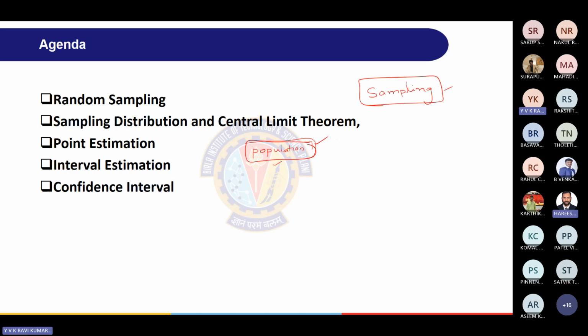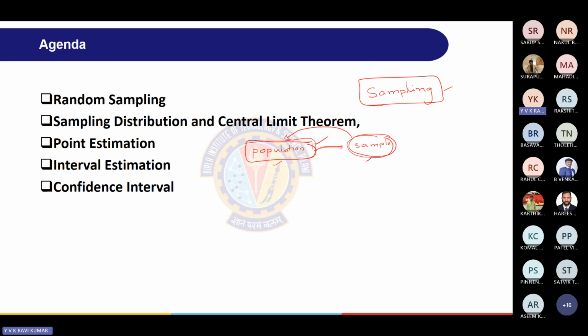It is time consuming, more effort. To avoid this, we take a part of it and do the analysis on this. Based on the analysis, we try to understand all the objects.